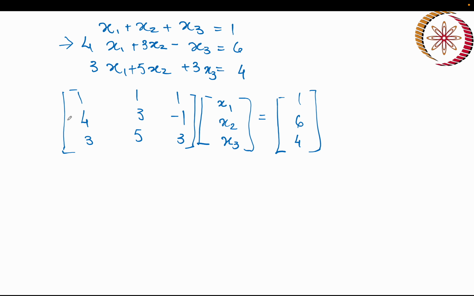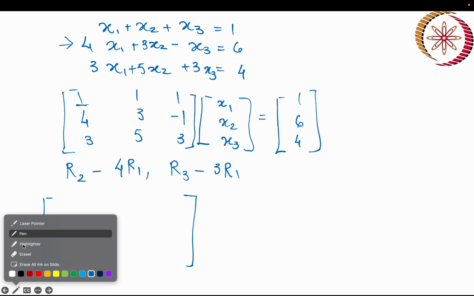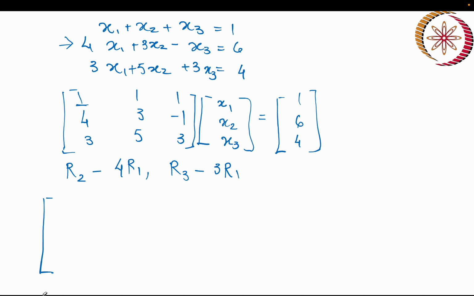Okay, so let's consider the first element as the pivot, which is 1. So we do r2 minus 4 r1 and r3 minus 3 r1, and we will use the augmented matrix here. The first row will be unchanged.